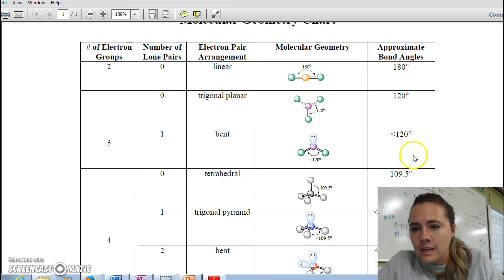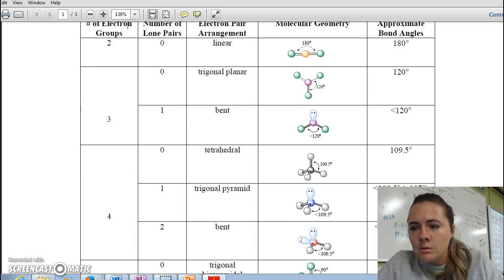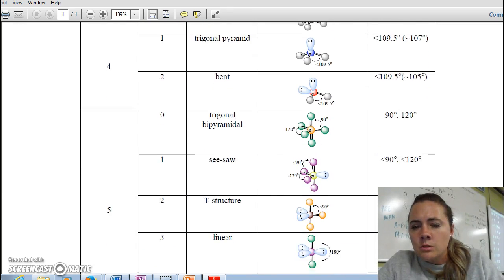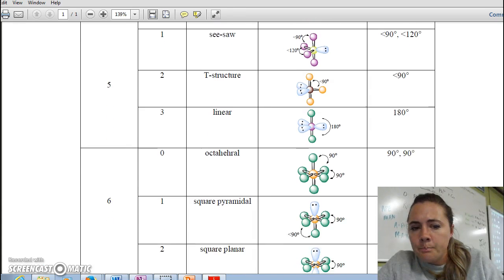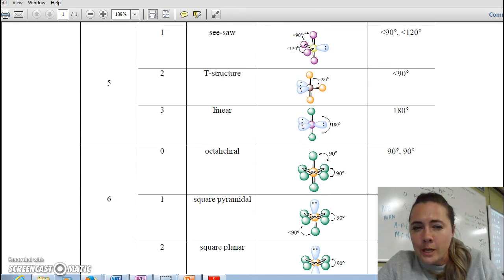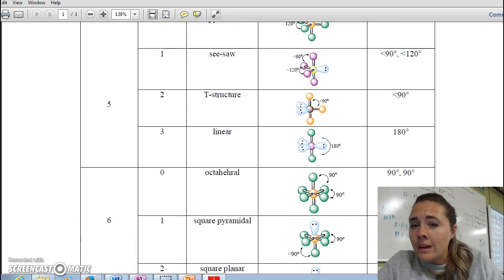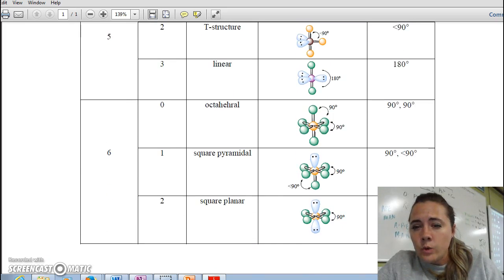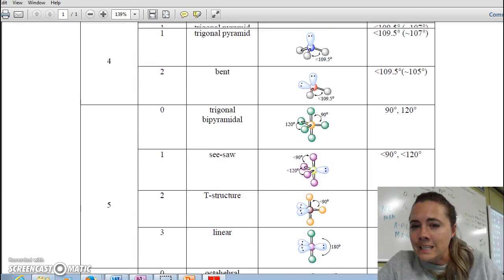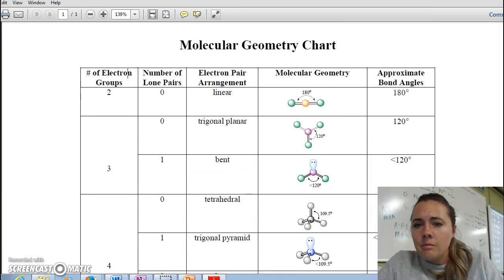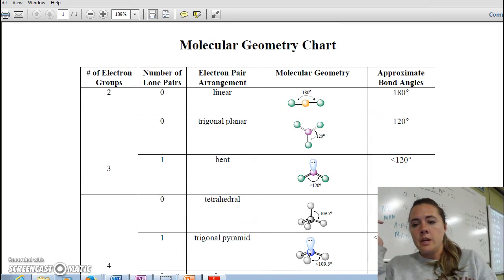And you'll get slightly less than 120 degrees. So this chart really just helps to lay out what your electron shapes are actually going to be. And in all actuality, it ends up being very easy, and at least I think very interesting.